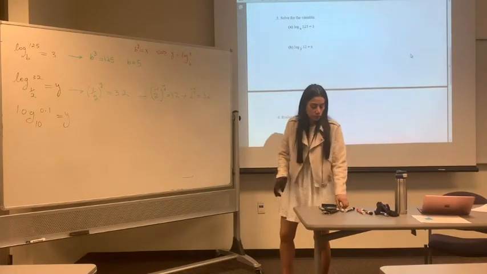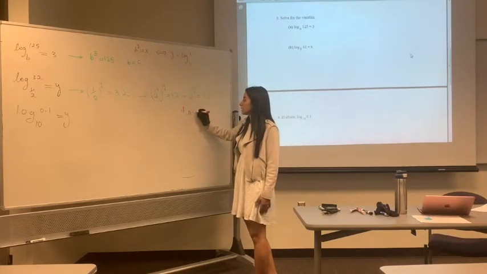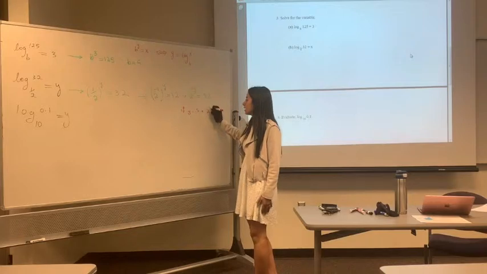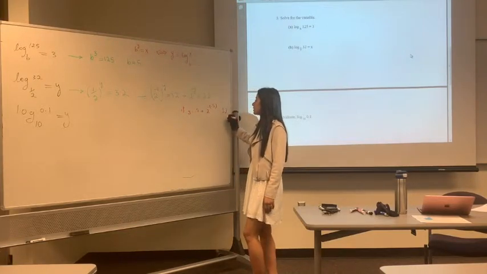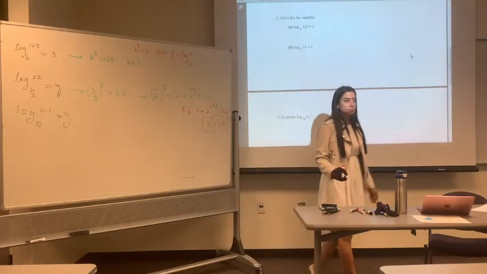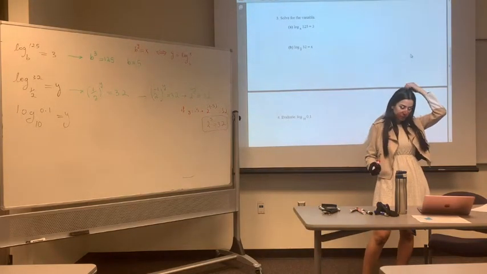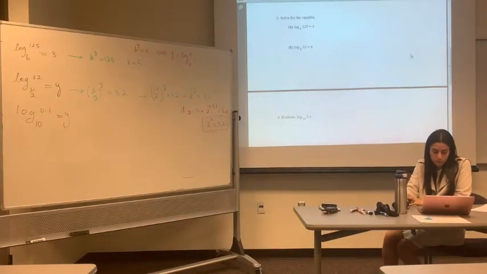So if y is negative 5, we will have 2 power negative 5, which is 32. And this is correct. So you're just kind of doing it backwards.